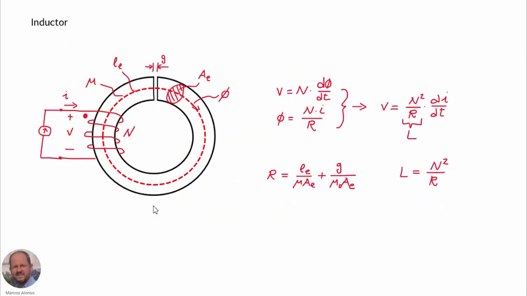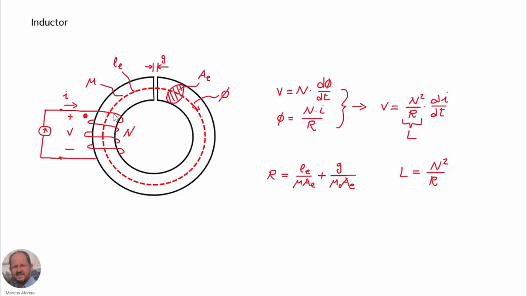Here we have the basic implementation of an inductor and its basic equations. We start with a magnetic core. This core has a length Le, cross-sectional area Ae, a gap G, and a material with a permeability mu.